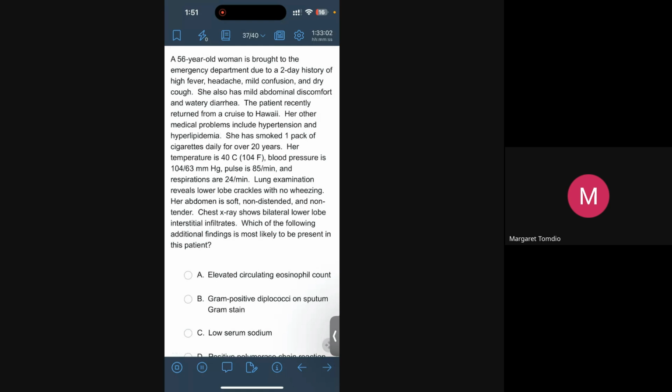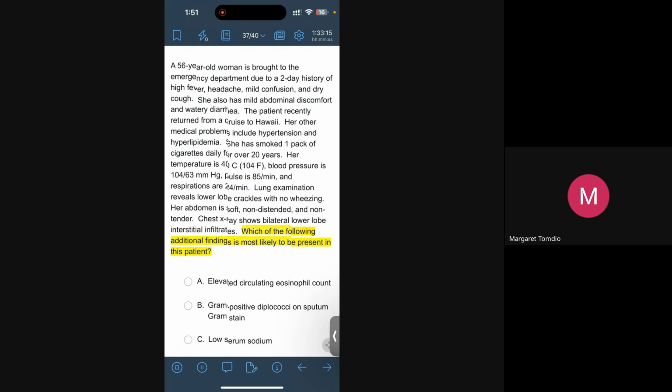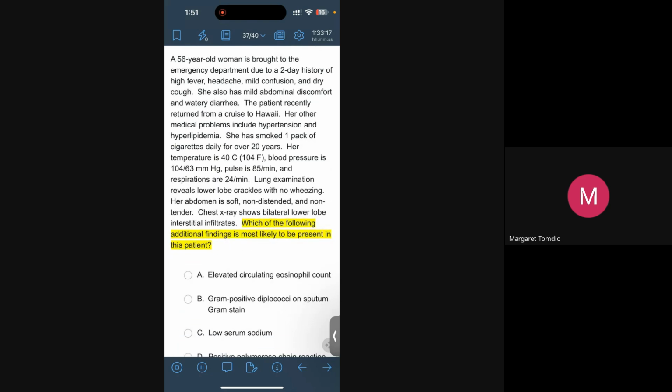Let's move on to the next one. Which of the following additional findings is most likely to be present in this patient? Cruise to Hawaii, watery diarrhea, high fever, headache, mild confusion, and dry cough.